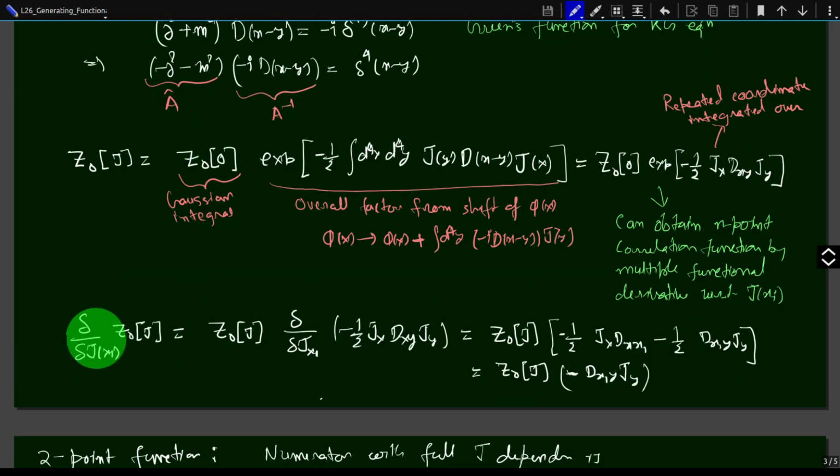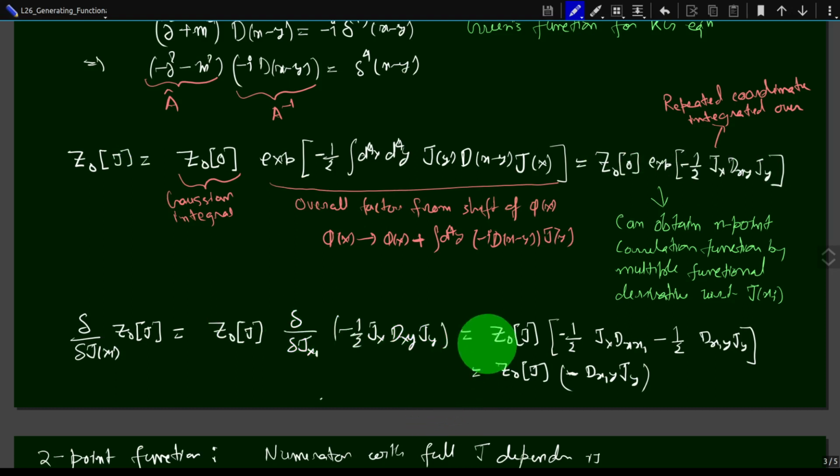So let's look at this. Del by del J(x1) of Z0[J] would be, if I take the derivative over here, and this prefactor is clearly independent of J, so I take the derivative of the exponential. The derivative of the exponential with respect to the exponent just repeats the exponential again, so this factor comes again, which I write as Z0[J], and then the derivative of the exponent, which is written over here.